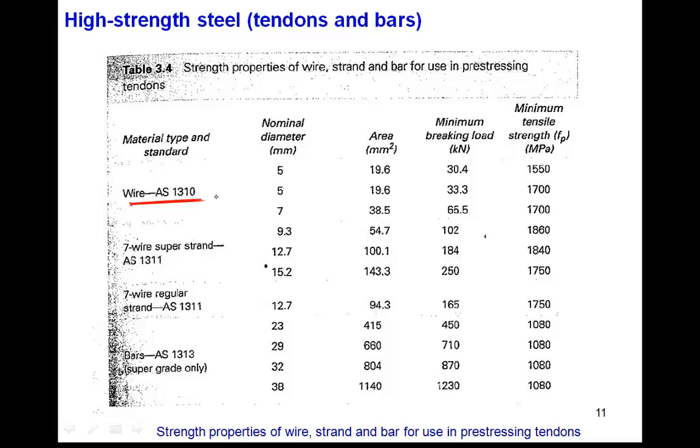As you can see here, for wires of 5 and 7 millimeter diameter, the minimum tensile strength is 1500 to 1700 megapascal, which is again much higher than the 500 megapascal that we use for normal steel. We can also use high strength bars as pre-stressing members, and these again have a very high tensile strength compared to 500 megapascal steel.